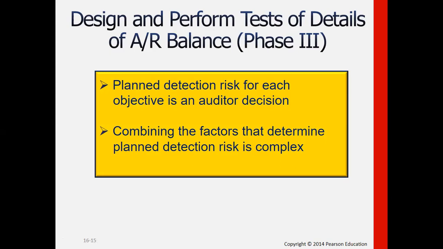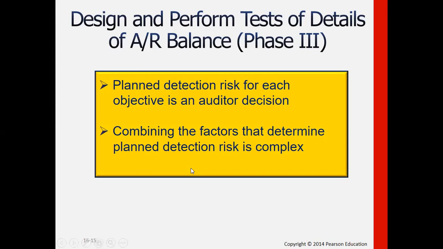So for example, with acceptable audit risk at 10%, given an inherent risk of 100% and control risk of, let's say, 90%, we get the balance of the planned detection risk. That planned detection risk will be our basis as to how extensive our test of details of AR balances would be.